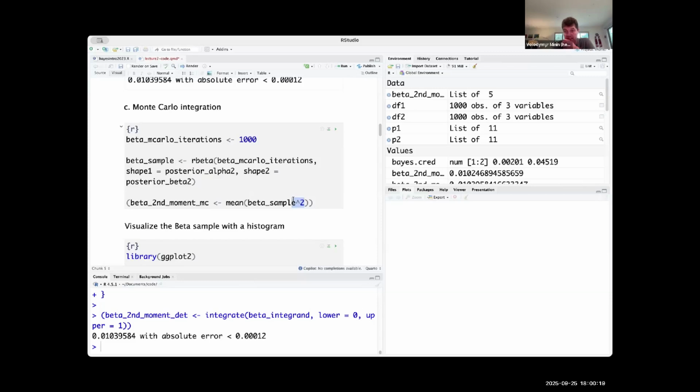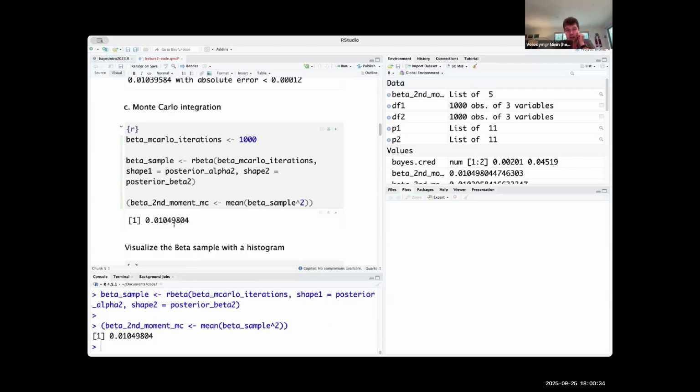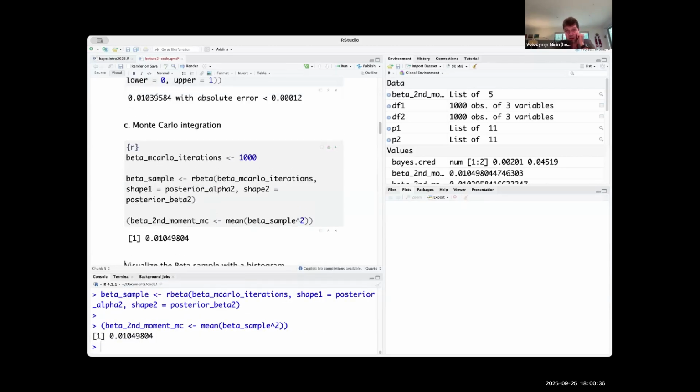Notice I'm squaring them. That's exactly our game plan. We generate a vector of 1,000 random samples and average, but not the vector itself; we average the squared elements of this vector. Notice the numbers don't coincide, but they're pretty close. So we got somewhere close.